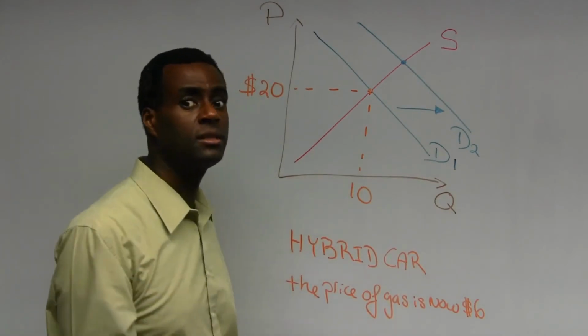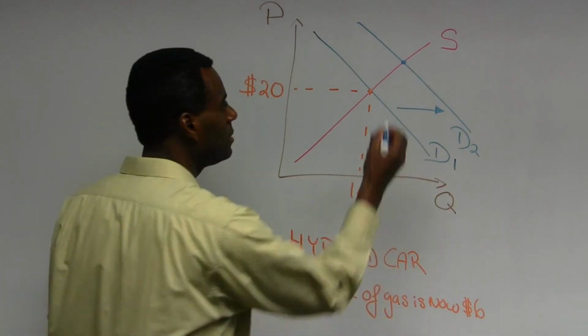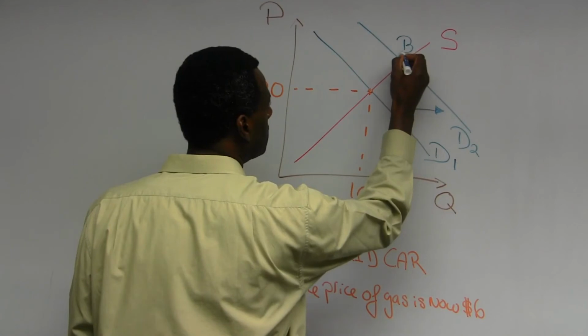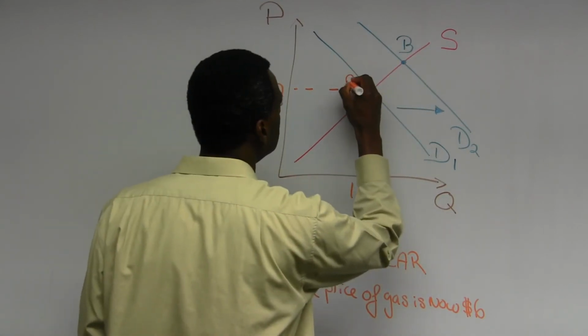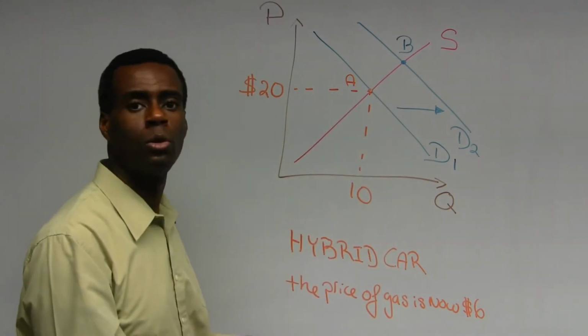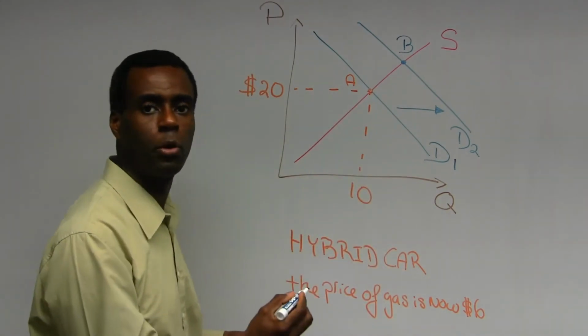We now reach this new equilibrium point, let's call it B. And of course we had A before. We read this new equilibrium point.